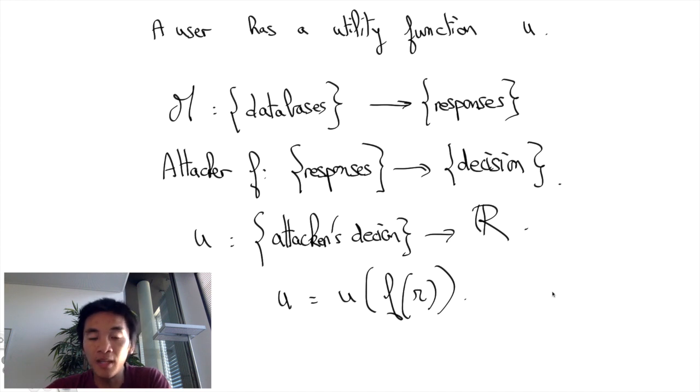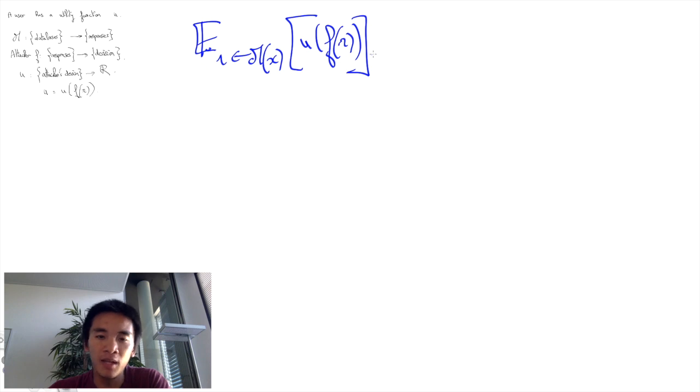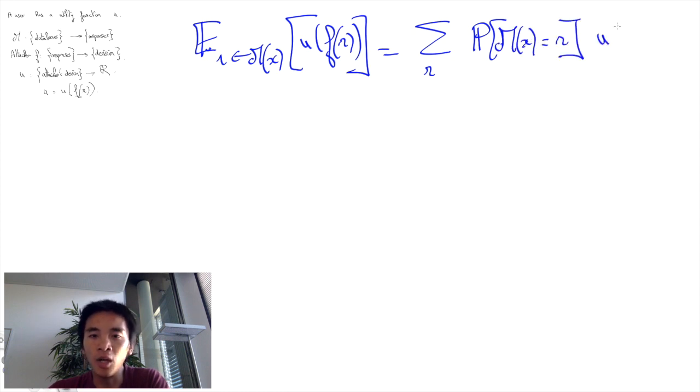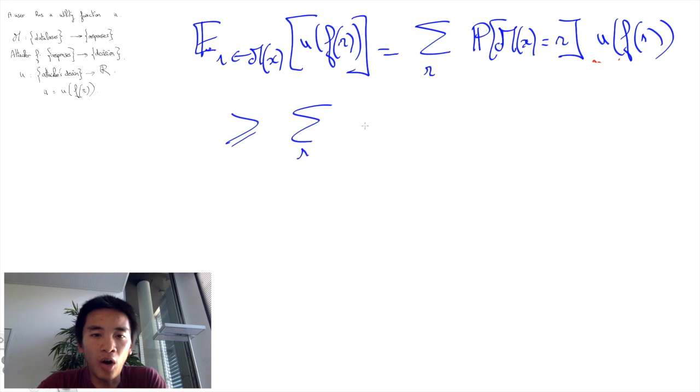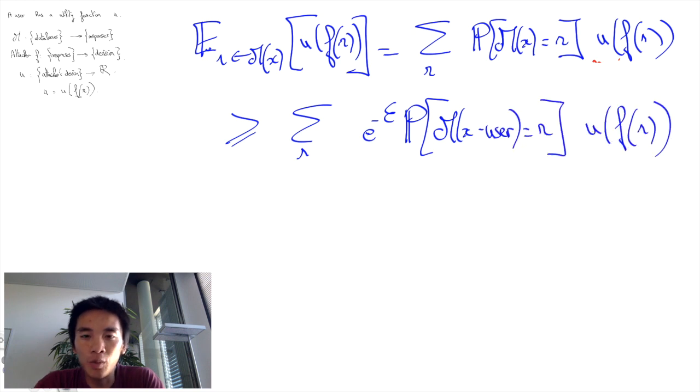removed from it. Indeed, we have the expectation of U(f(R)) when R is drawn from M(X) is equal to the sum over all possible responses R of the probability that M(X) is equal to R times the utility of f(R), and by epsilon differential privacy, this will be at least the sum over all R of e to the minus epsilon times the probability of M(X minus the user) equal to R times U(f(R)).